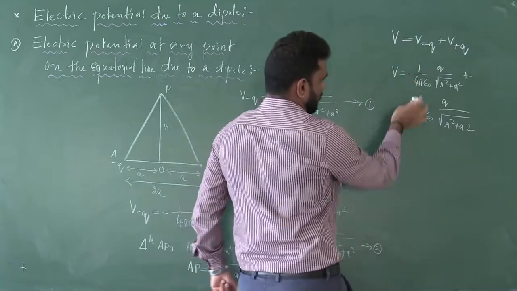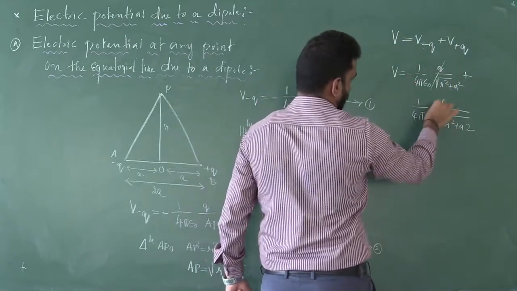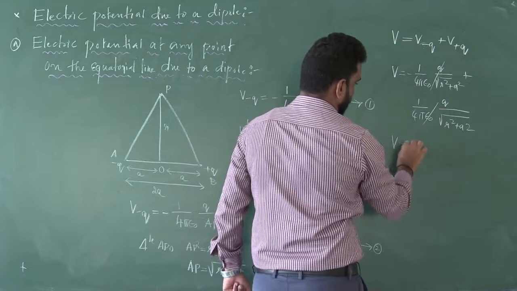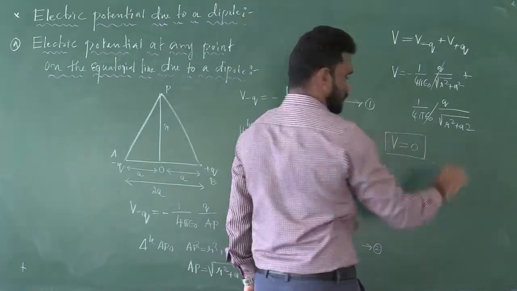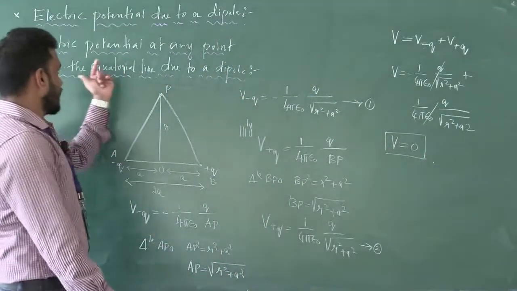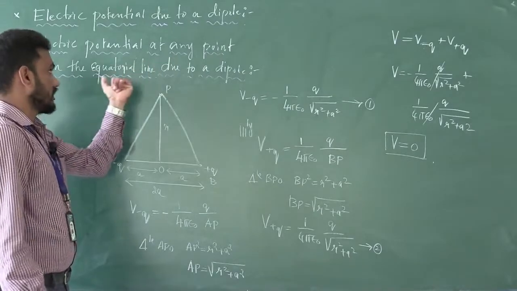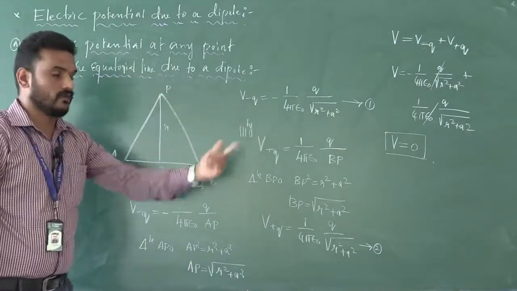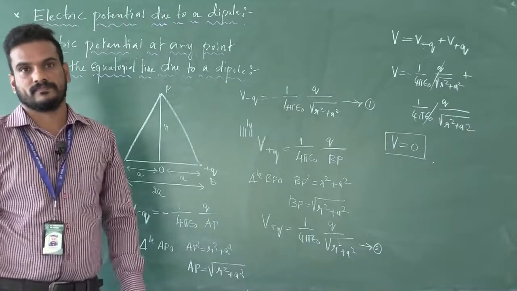Both are equal in magnitude and opposite in sign, so they cancel, and V is equal to 0. Electric potential at any point on the equatorial line due to a dipole is equal to 0.